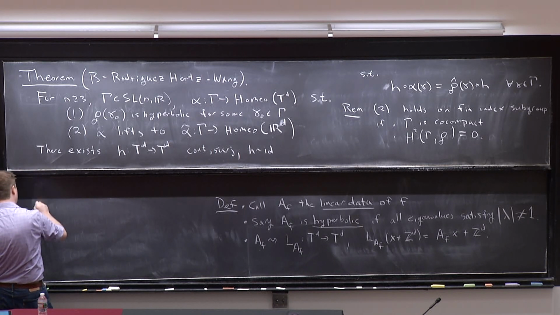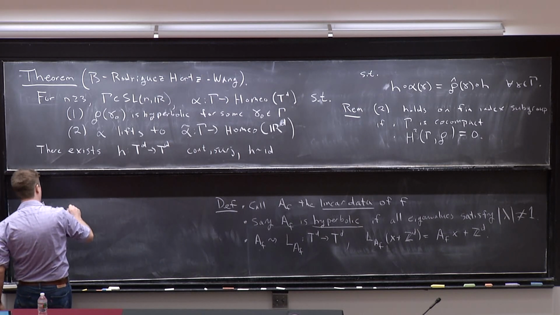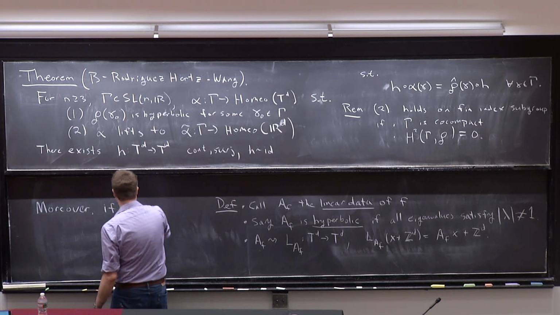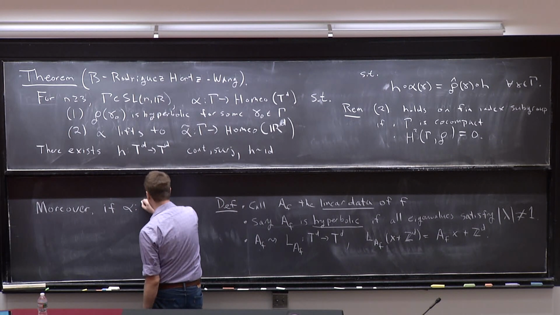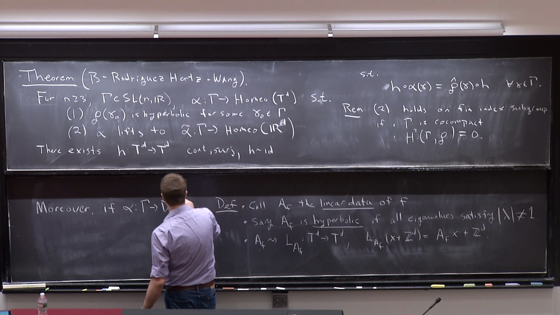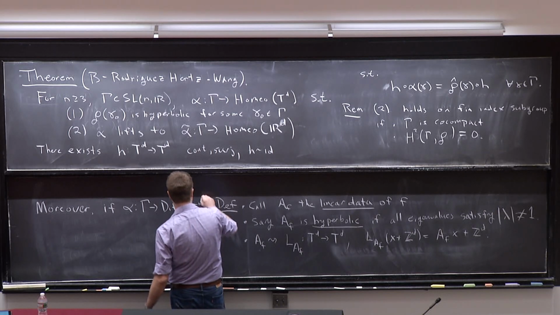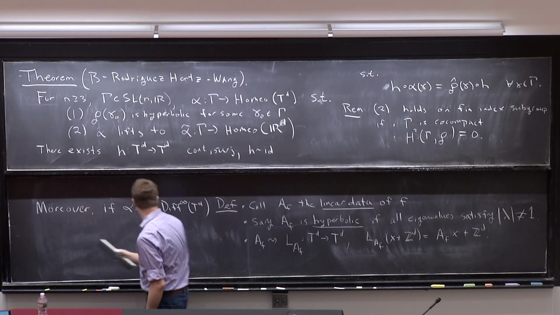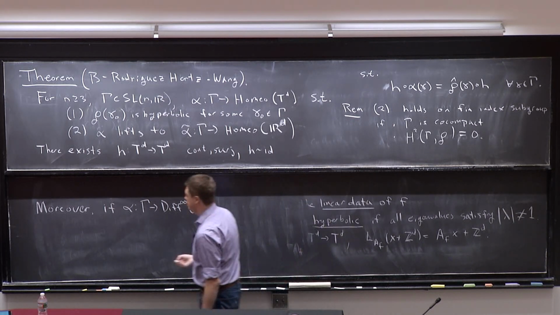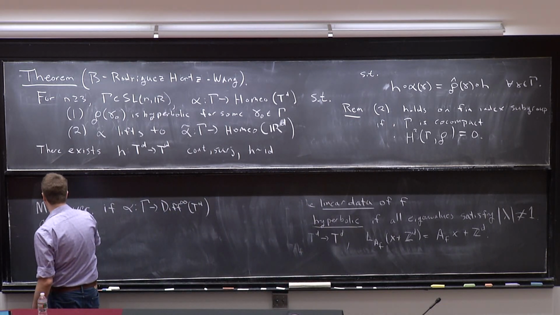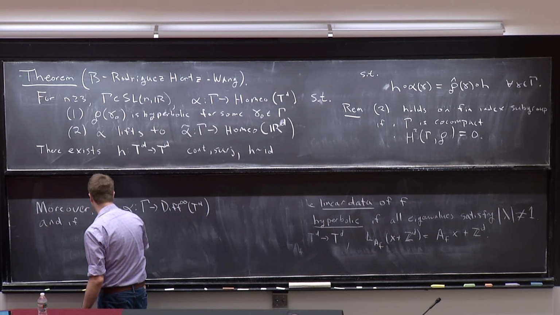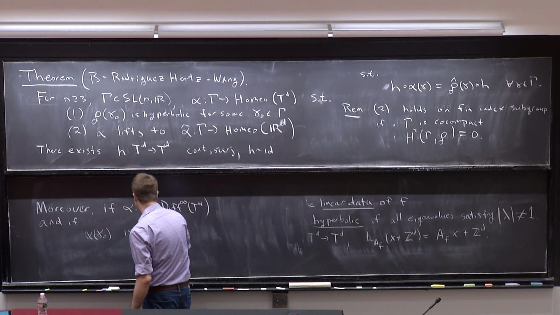So moreover, if now instead of being an action by homeomorphisms, I'm an action by, say, C infinity diffeomorphisms, and if one of these elements is what's called a Nossoff.